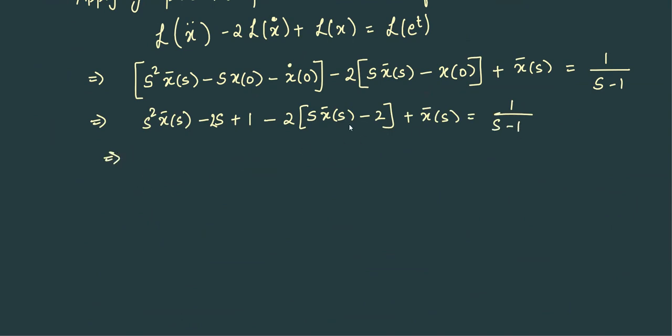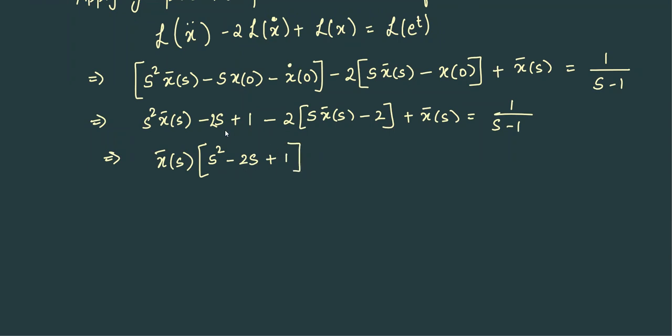So collecting x bar s terms, you get s square minus 2s plus 1.